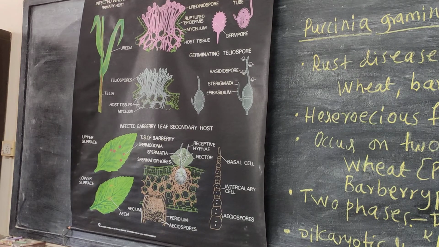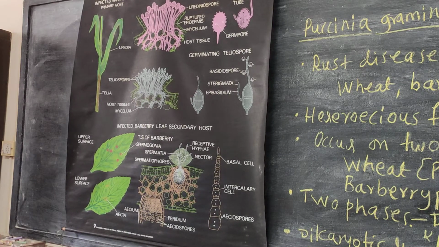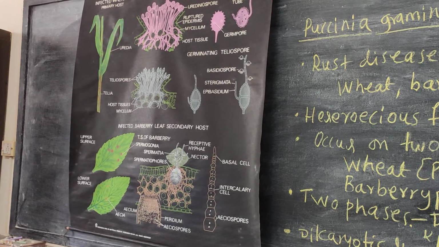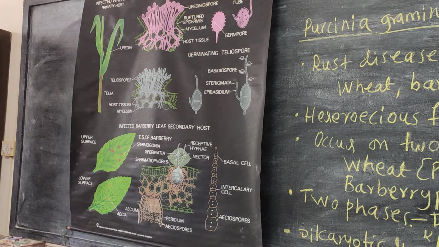The dikaryotic hyphae are formed by the germination of the aeciospores.